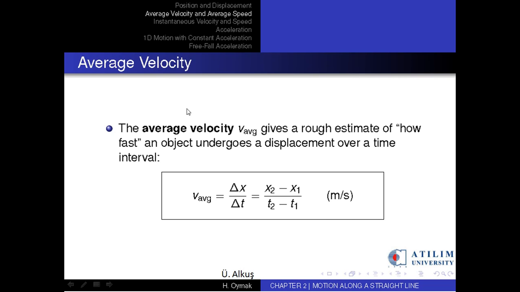The average velocity gives us a raw estimate of how fast an object undergoes a displacement over a definite time interval, which is defined as delta x over delta t, that is, x2 minus x1 over t2 minus t1, and it is in meters per second.